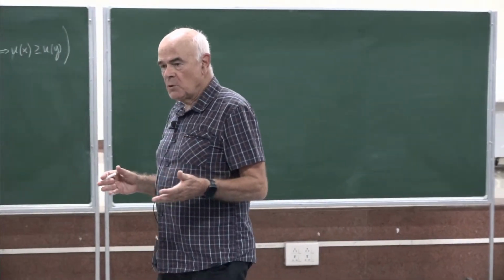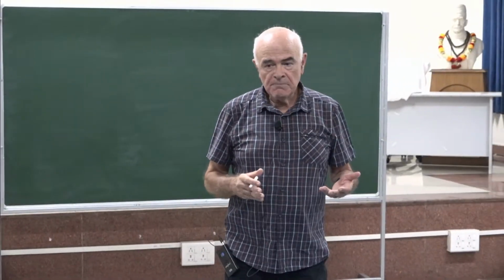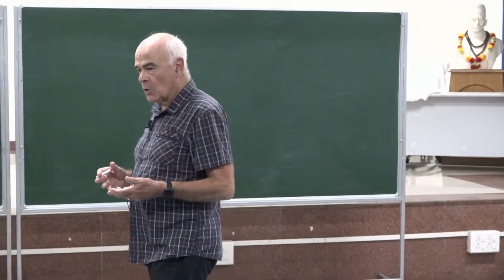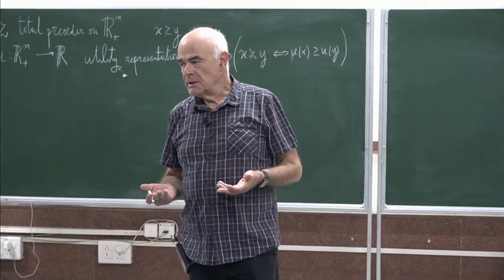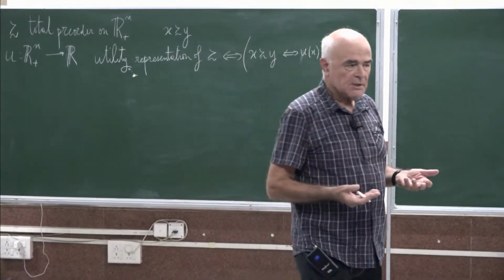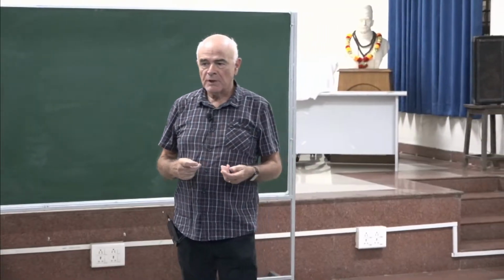I'm going to give you a very easy example of a simple total ordering on Rn, which cannot admit any utility representation. As I mentioned yesterday, this is the lexicographical order.